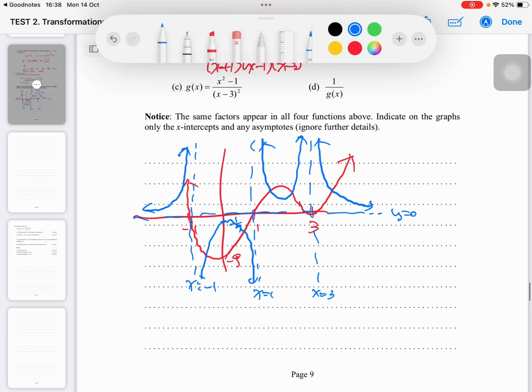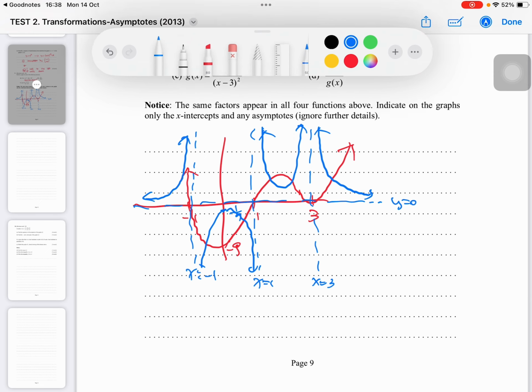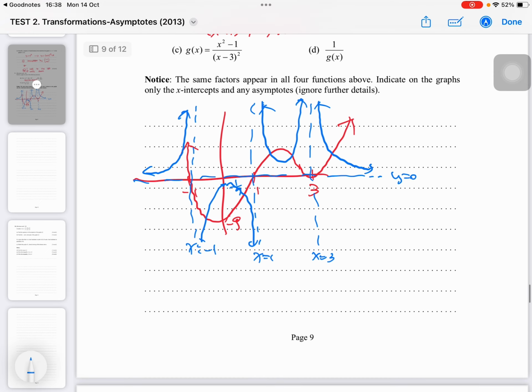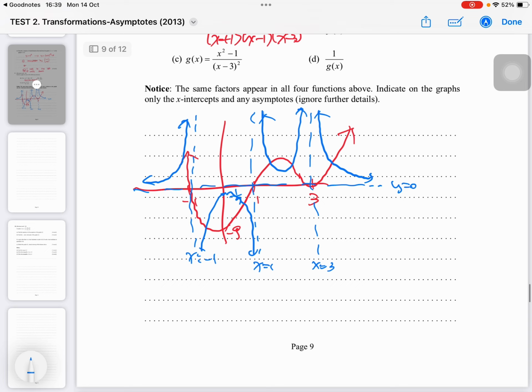And number C, we have the rational expression. So let's analyze it. X-intercepts: 1, 0 and -1, 0. Y-intercept: -1 over 9.